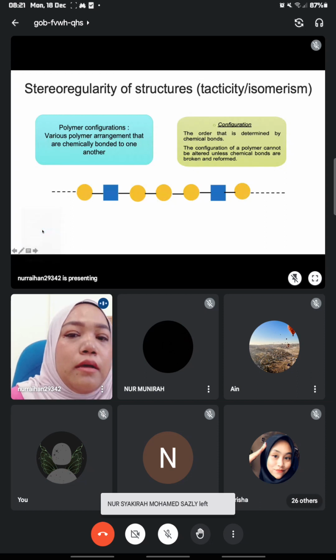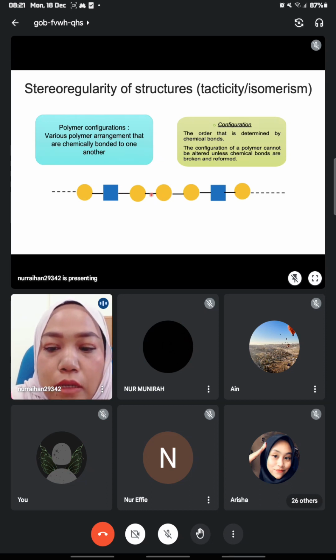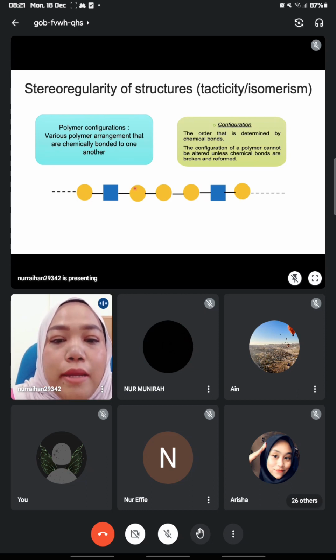In configuration, it can occur in both the double bond and the single bond. Let's imagine that these are the polymer atoms. When these polymer atoms are in one plane, it means in the arrangement. This arrangement is called a configuration. It means where they are placed.